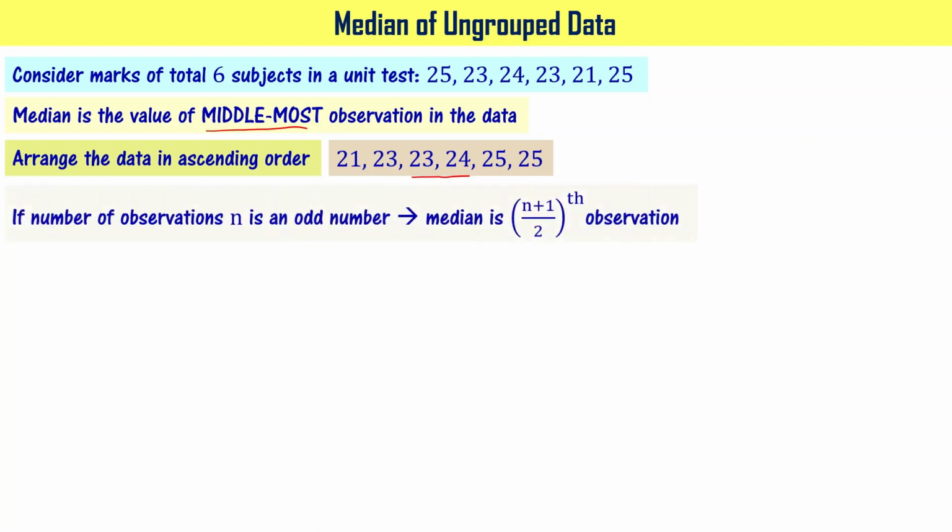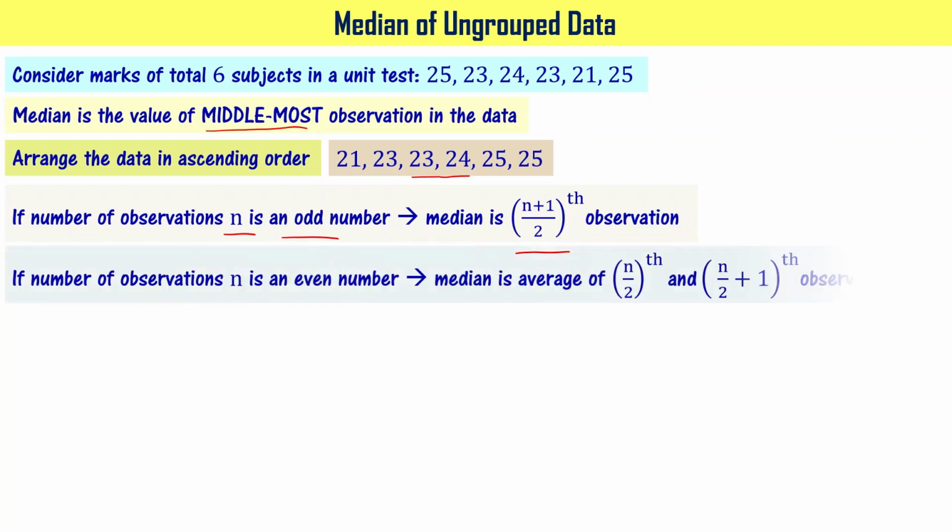So for that, the median is defined as, for example, if number of observations n is an odd number, then median is going to be (n plus 1) divided by 2th observation. Similarly, when number of observations n is an even number, the median is going to be average of n by 2th and n by 2 plus 1th observations.